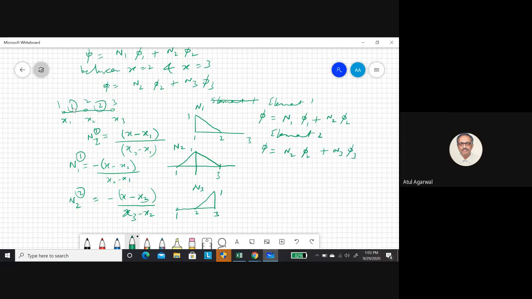If we find the derivative, in element 1 d phi by dx will be, so we have to take its derivative with x. So you will get minus 1 upon (x2 minus x1) into phi 1 plus the derivative of this with x.